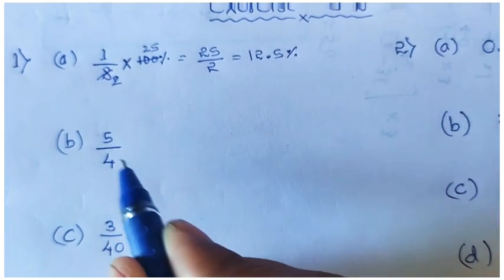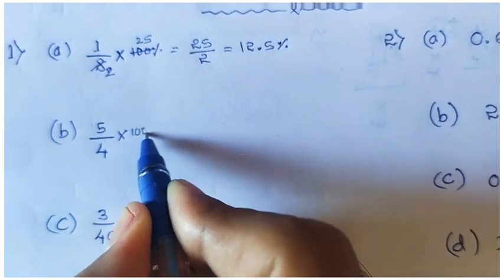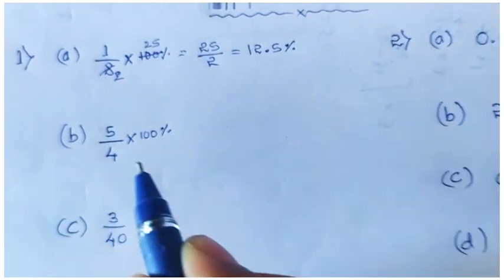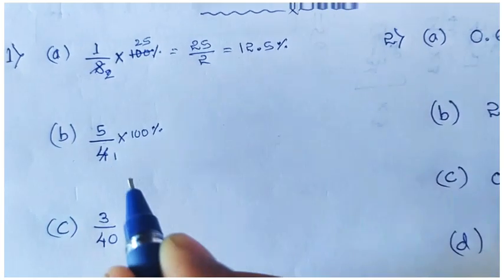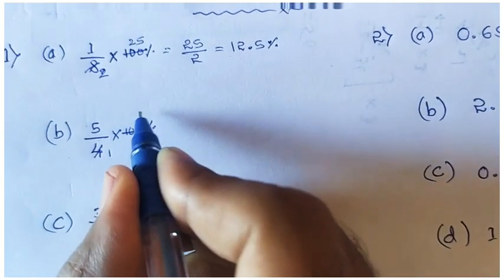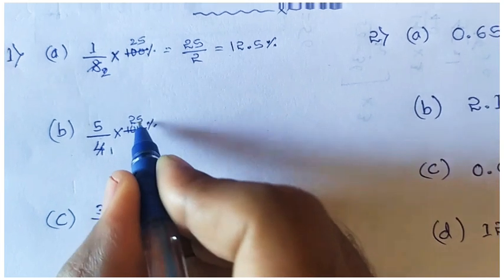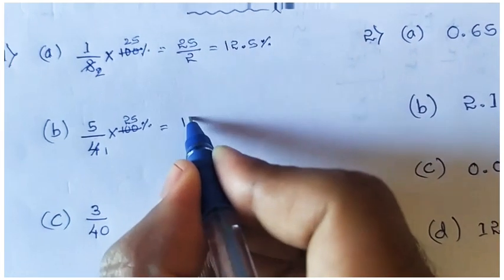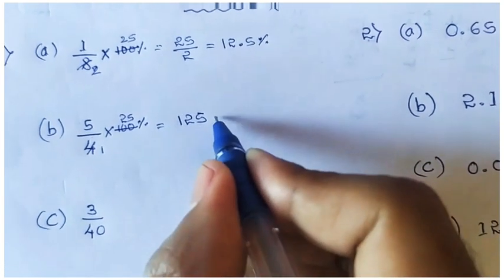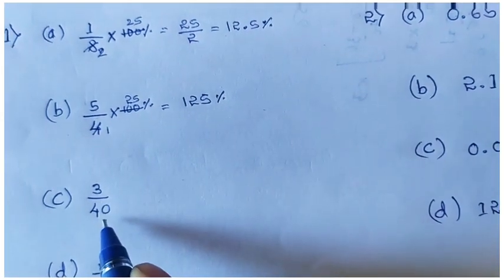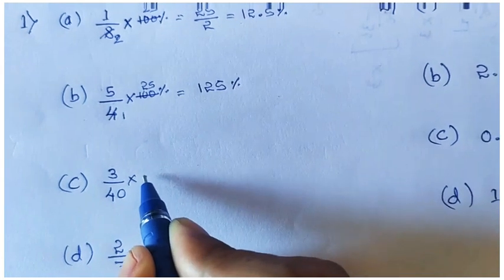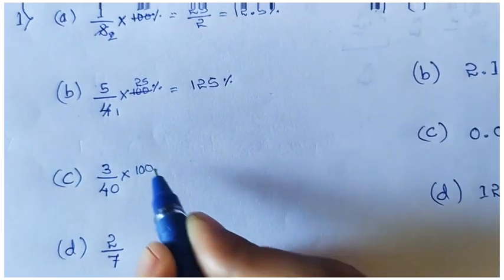Similarly, 5 by 4 is there, so multiply with 100. Now divide: 4 ones are 4, 25 fours are 100, 25 fives are 125. So 125% is our answer. 3 by 40, again do it by multiplying with 100%.